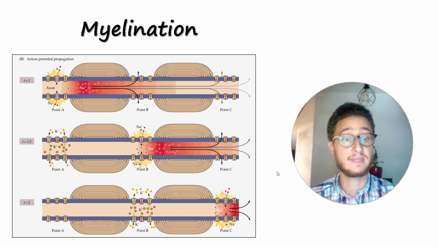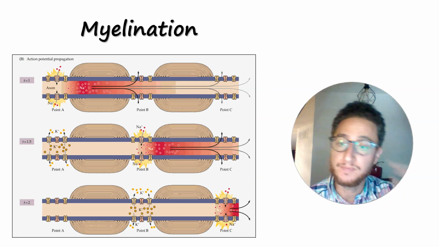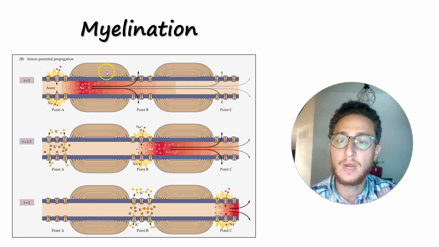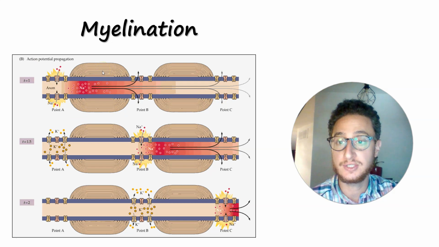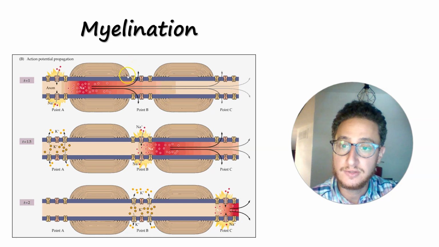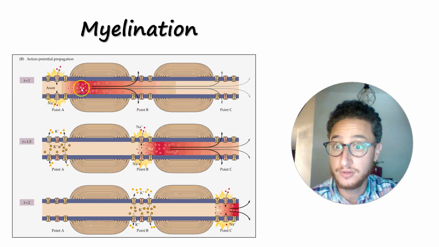Now we can actually make that go significantly faster with this kind of insulation. So here you can see an axon, but on the outside of it, wrapped around it, are these Schwann cells, and together these are making that myelin sheath. The key is that there's these nodes or gaps between the Schwann cells where we can alter the concentration of these ions.